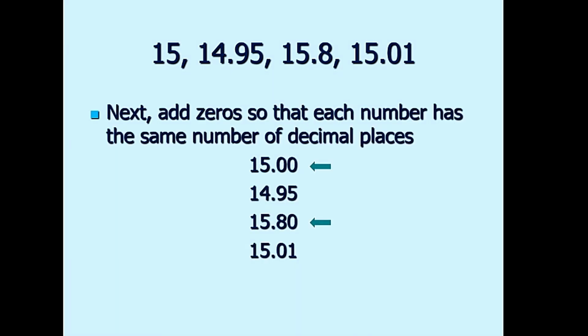Second step, add zeros so that each number has the same number of decimal places. We added 2 zeros to 15 and we added 1 zero to 15.8 because again we need to make sure that they have the same number of decimal places. Observe, each has 2 digits after the decimal point.